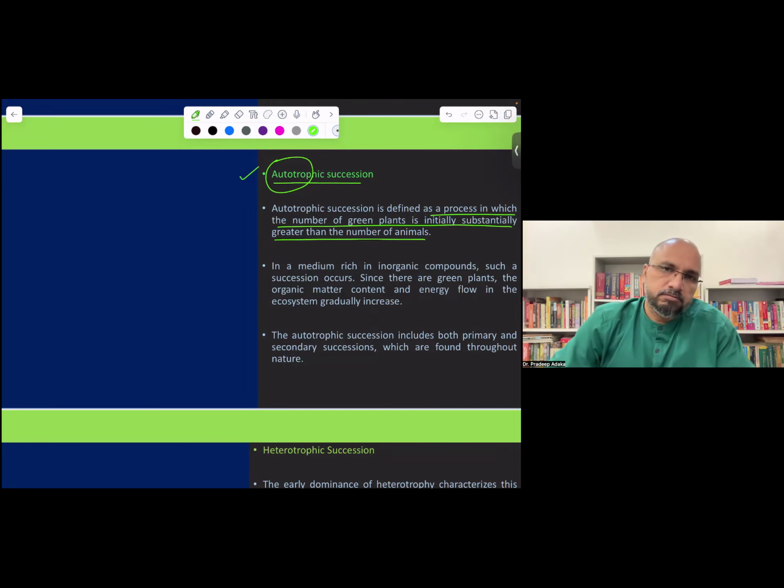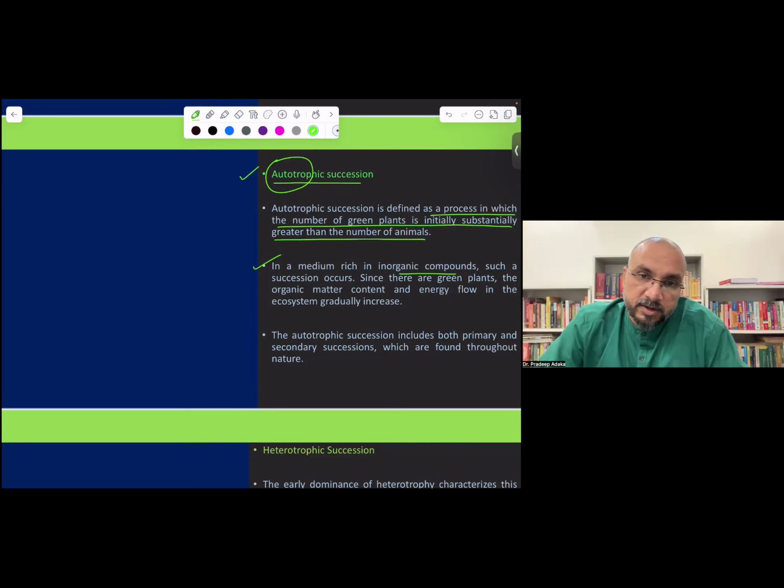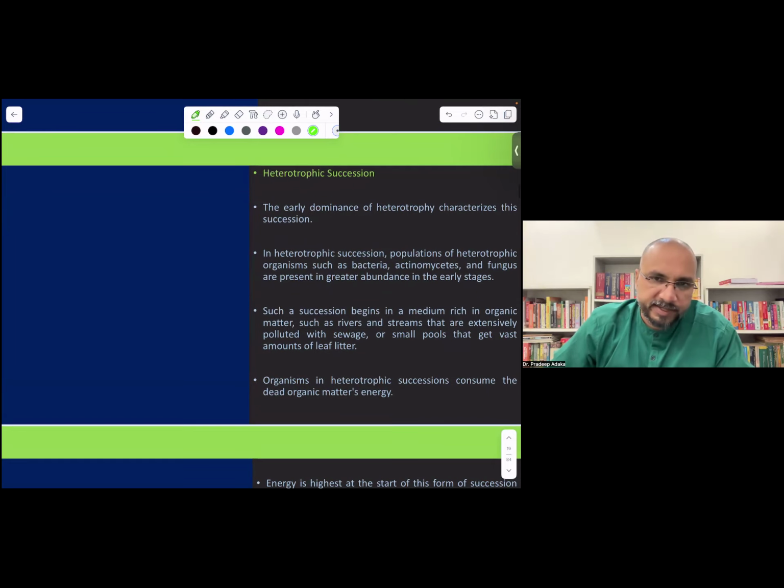So a medium which is rich in inorganic compounds, अगर soil अच्छे से already developed है, such succession occurs. So green plants will be able to take up these inorganic nutrients. Autotrophic succession includes both primary and secondary succession which are found throughout nature. तो autotrophic में primary और secondary दोनों type के successions included हैं.